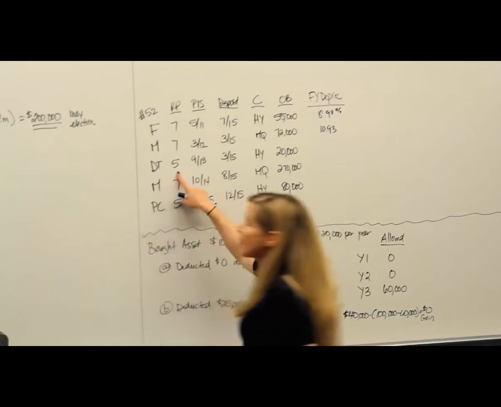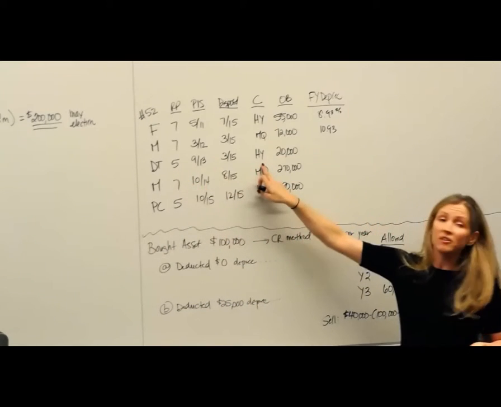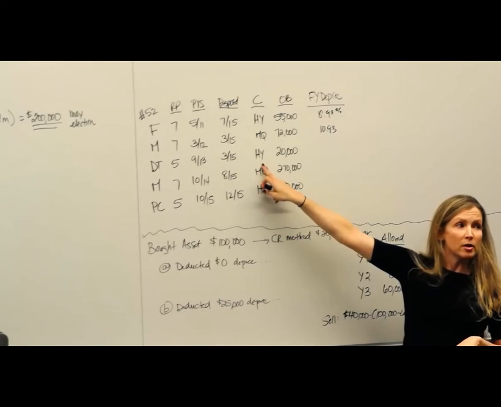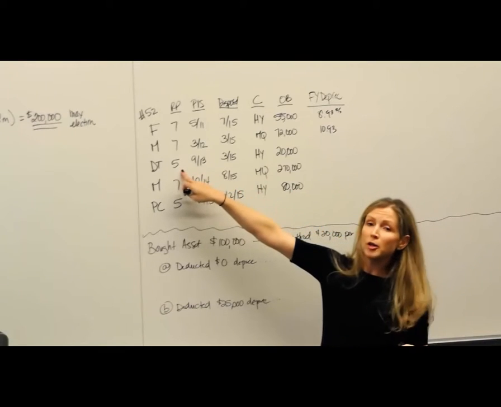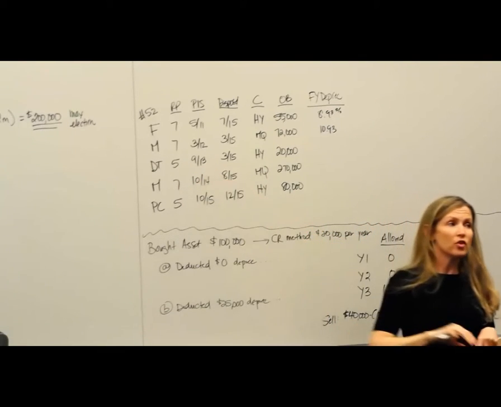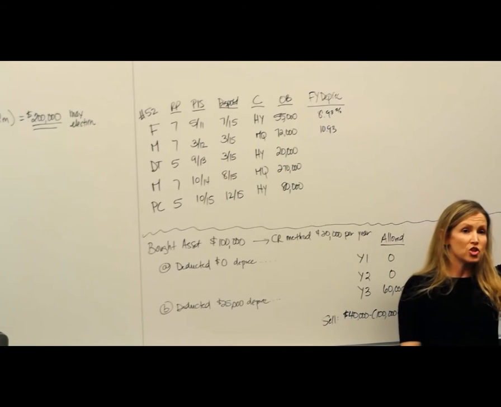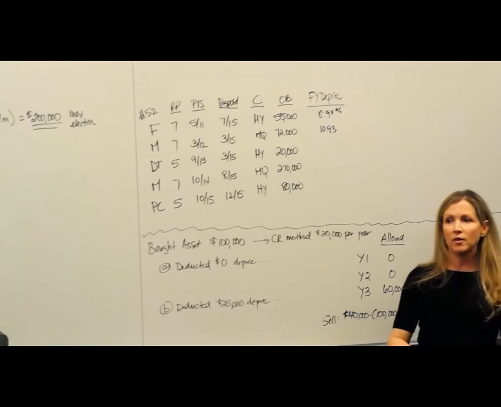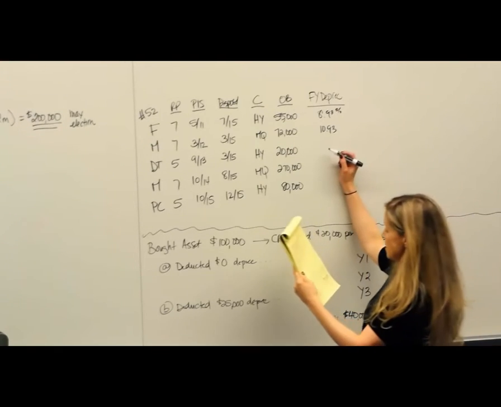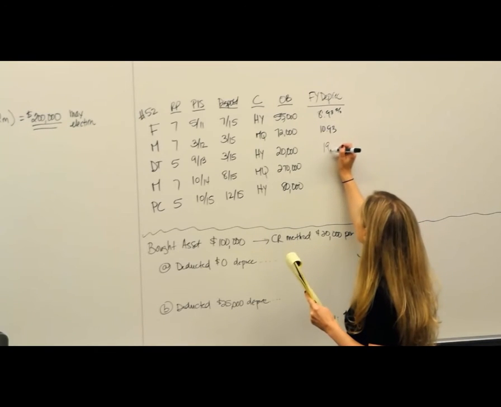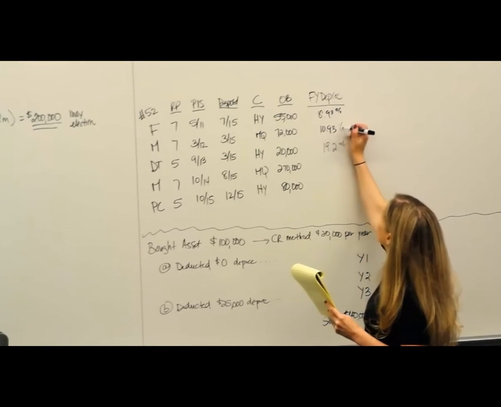It's a 5-year property. It's a half-year convention. So we're going to the half-year table. We're going to the 5-year column. It was placed in service 3 years ago. So we're going down to year 3, right? We took some depreciation. Its first year was 2013, 2014. It's now 2015. So we're going down to the 3rd row, okay? So it should be 19.2%, okay?